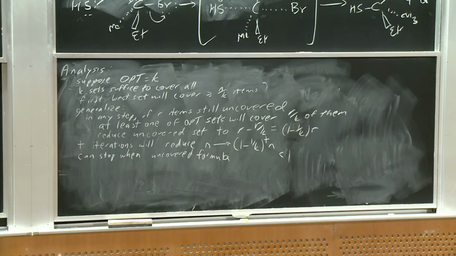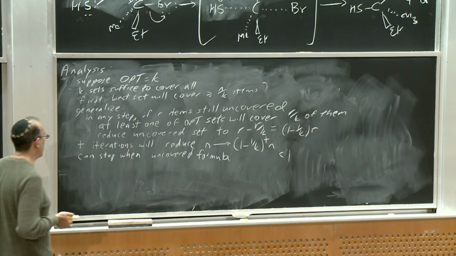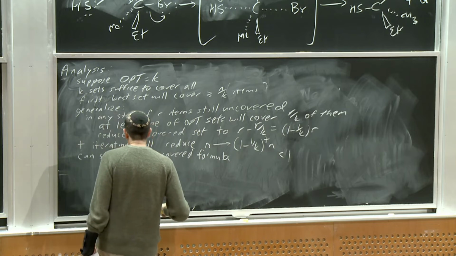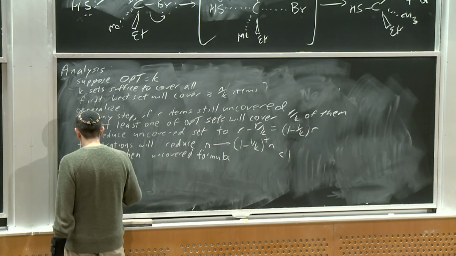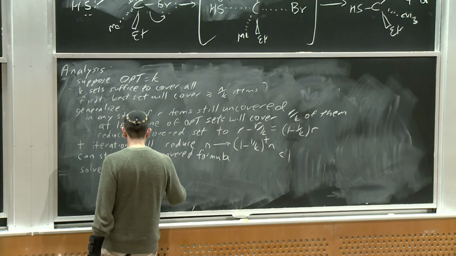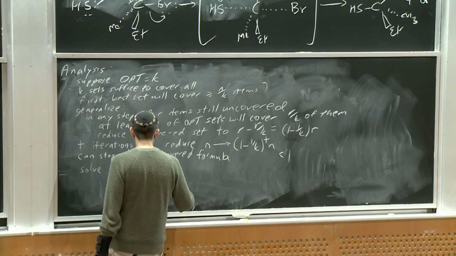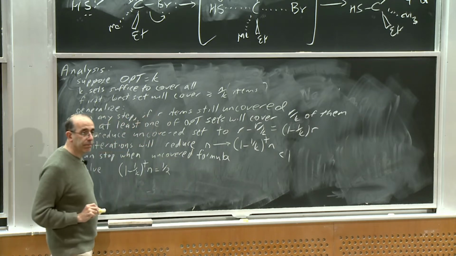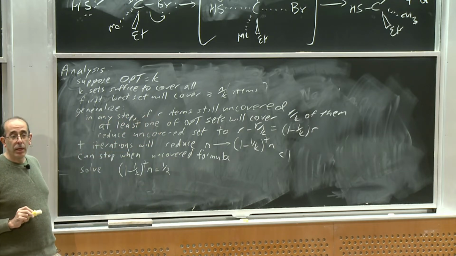So if it's smaller than 1, it must be 0, right? And we use this a lot, that there is an actual difference between 1 and 0, and you can't get lost in between them. So in order to figure out the number of iterations, we just need to solve 1 minus 1 over k to the t times n should be equal to, say, 1/2. Right? And at that point, we're done.